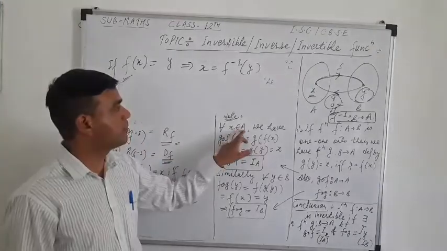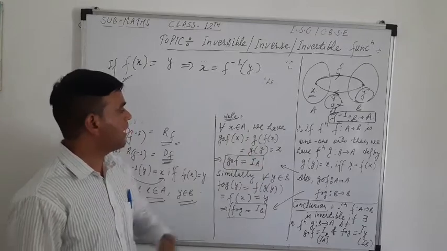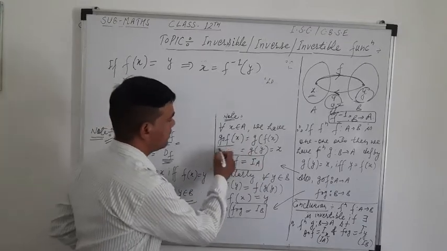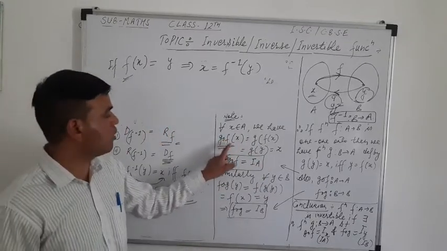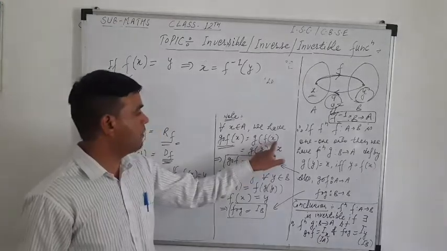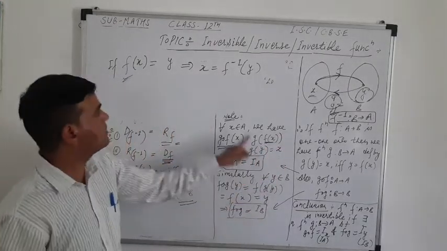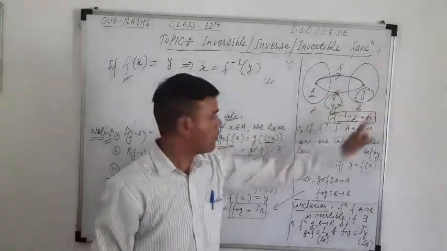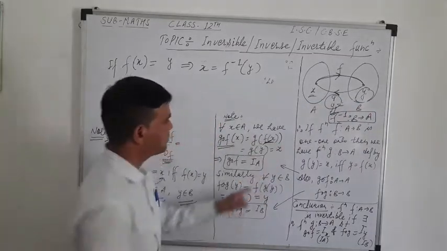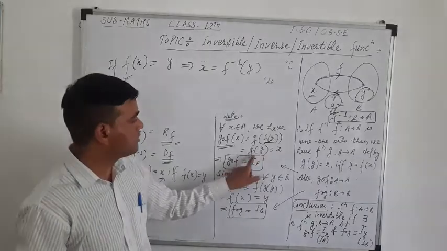For all x belongs to A, it means all elements belonging to A, we have the composite of the functions g and f defined as gof(x) is equal to g of f(x). In place of f(x) you can put y, since f(x) is equal to y, then you will get g(y) is equal to x.